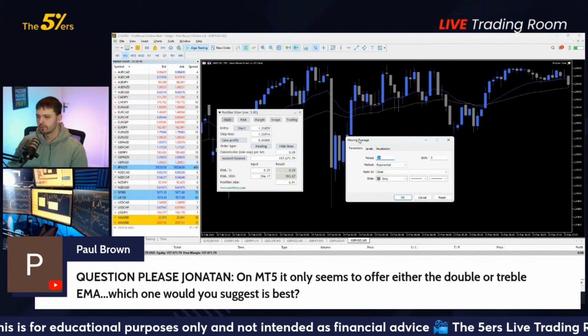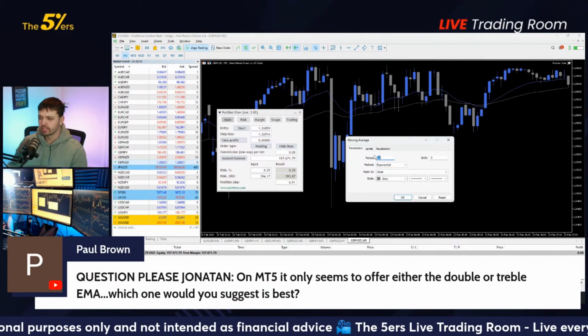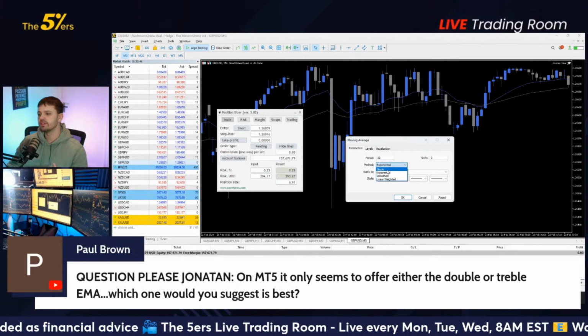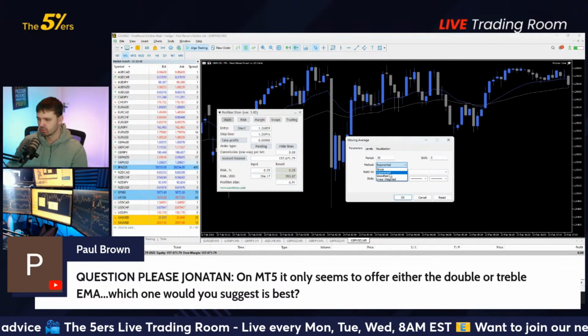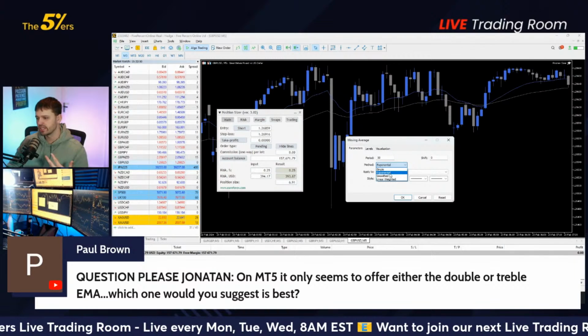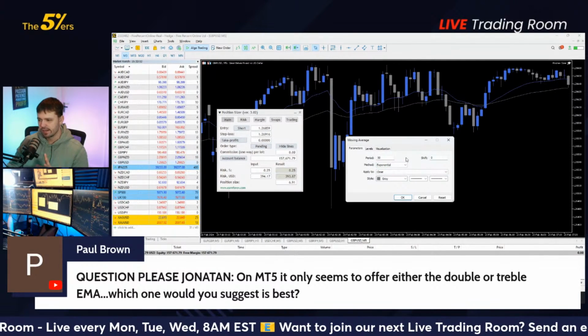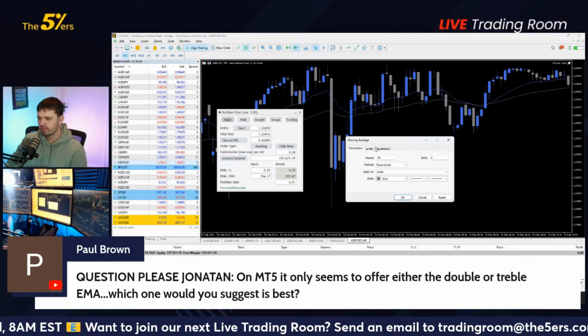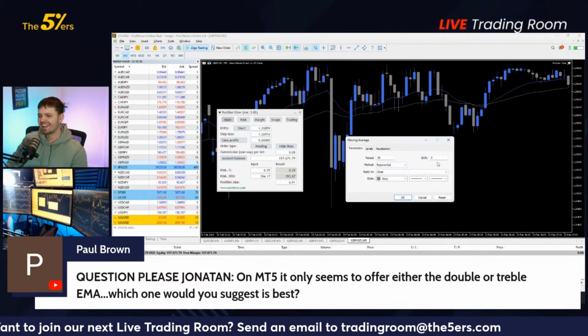So in MetaTrader, you have the moving average, and then you select a method, and the method would be the simple moving average or the exponential moving average. You add the moving average, and then you select it to be the exponential moving average. So it's different methods of calculating the moving average.